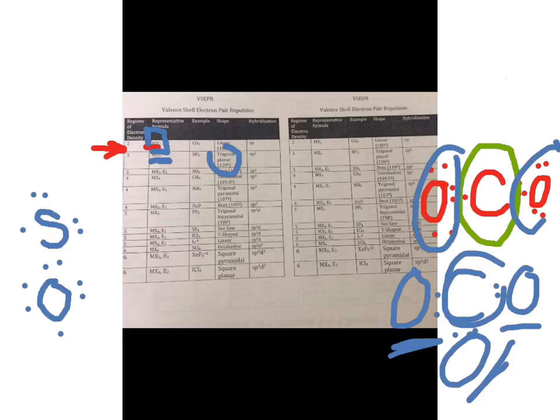Then you have your O here. 1, 2. Pretend I'm putting it off to the side. 3 over there. 4, 5. I'm going to put it down here. Okay. Well, as you can see, it's not linear. It's in the shape of this, which is bent.